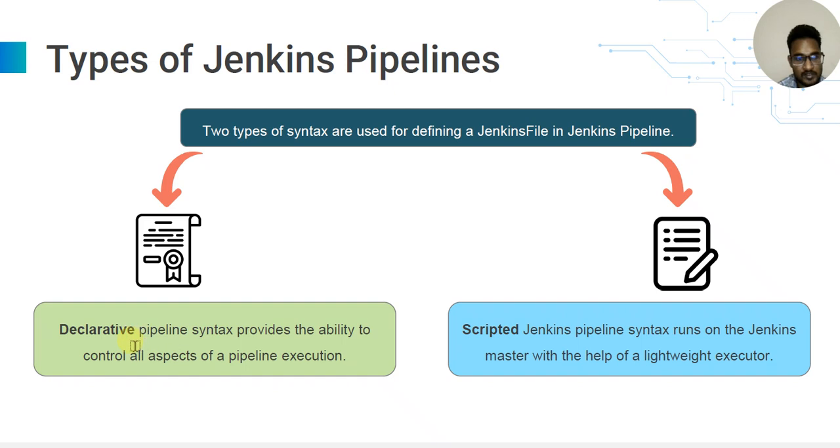The declarative pipeline provides the ability to control all steps of a pipeline execution. The scripted pipeline syntax runs on the Jenkins master with the help of a lightweight executor.